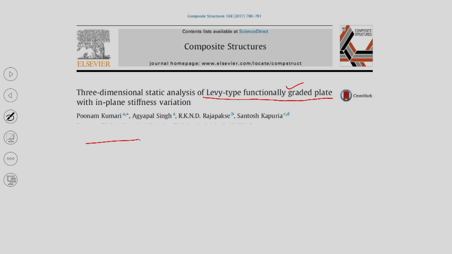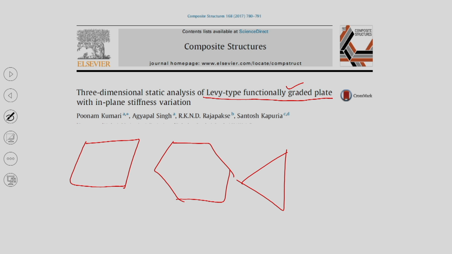Sometimes these days we are only able to analyze a rectangular plate. The plate may be of a hexagonal shape or a triangular shape. Then you have to think about their solution. Even for a plate of arbitrary shape, I would like to say that analytical solutions are not available. We have only numerical solutions for arbitrarily supported plates.